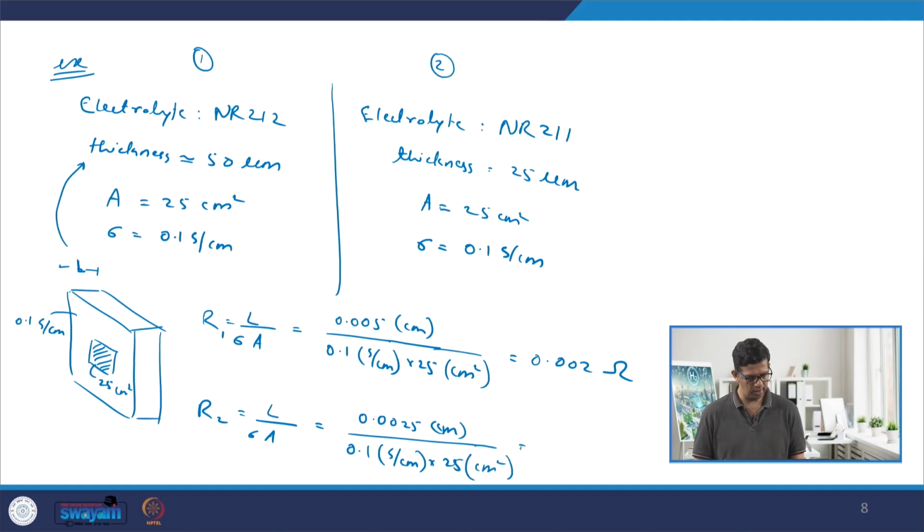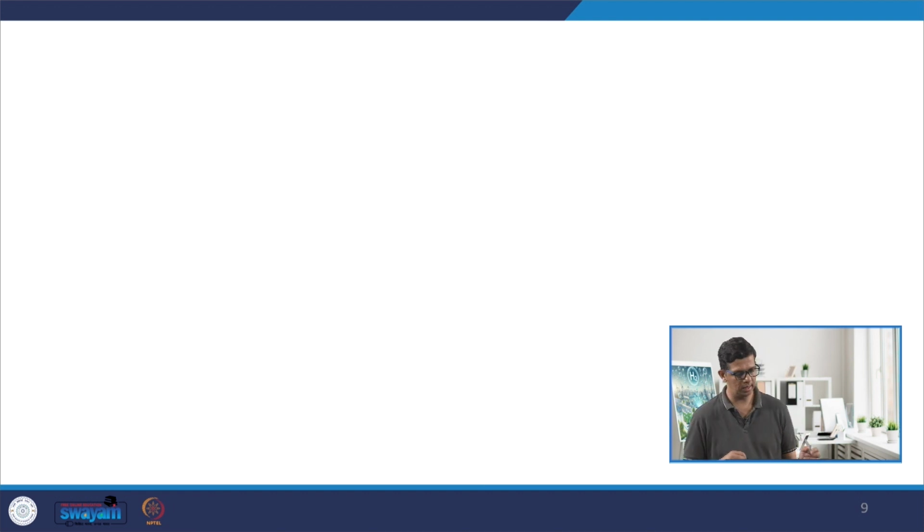So the resistance will be exactly half of that compared to the first cell. So as you can see, if we reduce the thickness of the electrolyte, as we discussed before as well, the resistance will decrease, and if the resistance decreases, we can expect more protons to travel from anode to cathode, and we will expect better results from that particular cell.